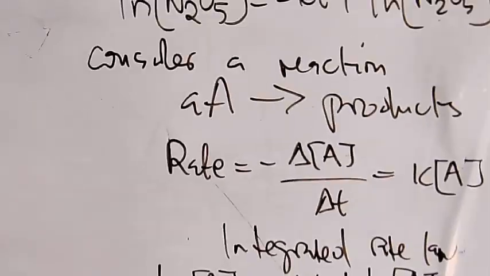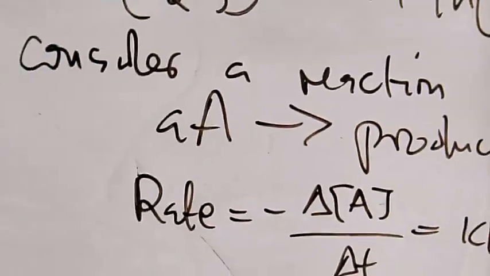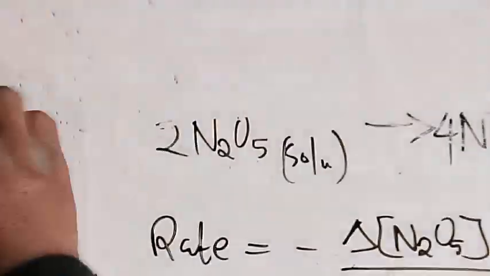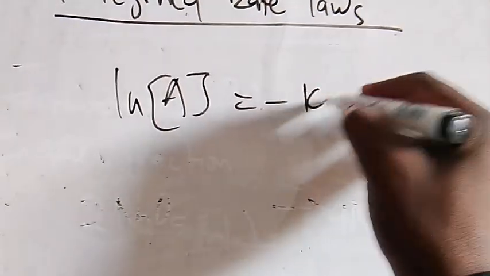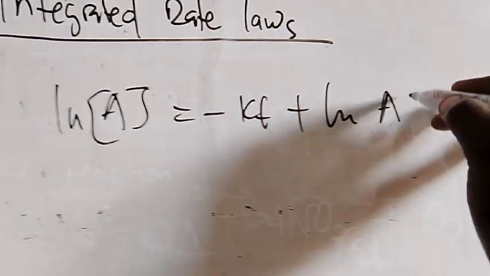This is the general integrated rate law for a first order reaction. There are several important things to note about this equation: ln A is equal to minus kt plus ln A initial.